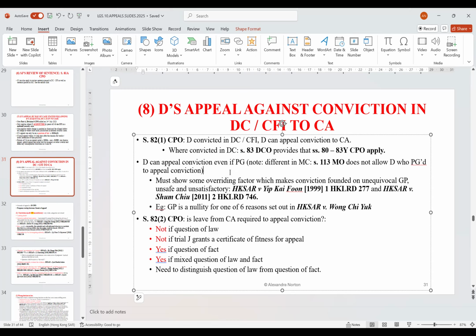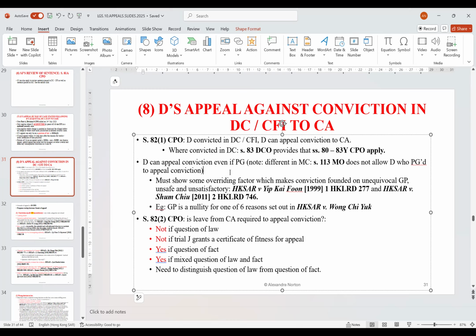Now, do you need leave to appeal to the CA? You don't need leave if it's a question of law or if the trial judge grants you a certificate of fitness for appeal, but you do need leave to appeal a question of fact or a mixed question of law and fact. Now, how do we determine what's a question of law?